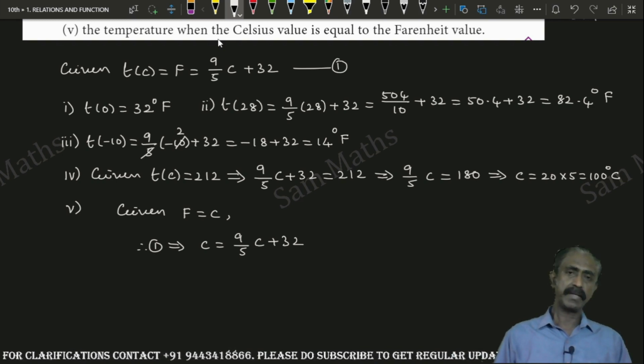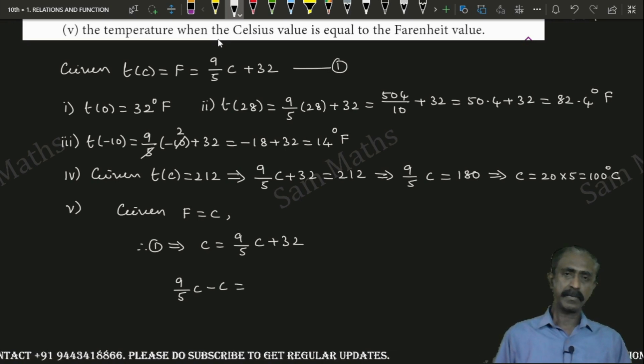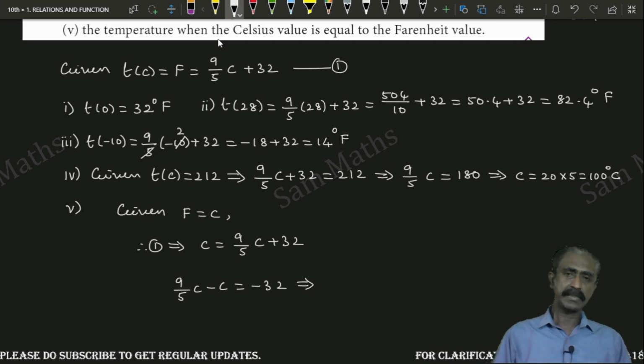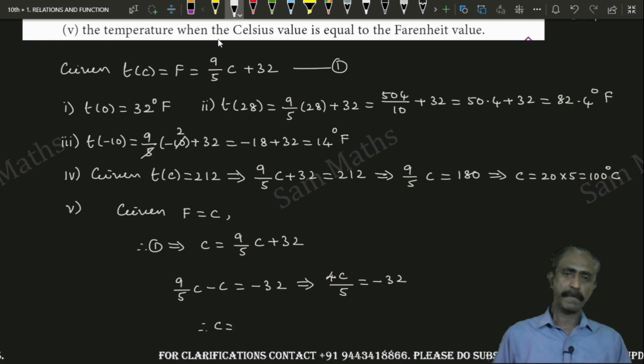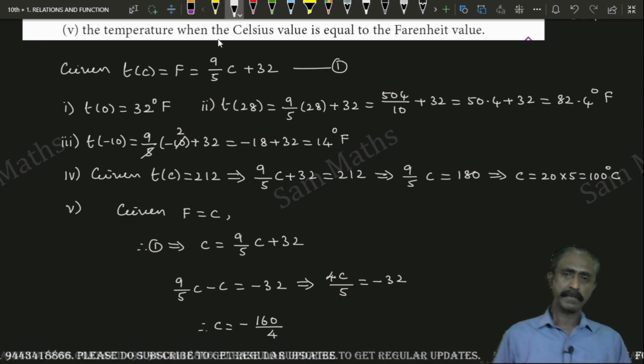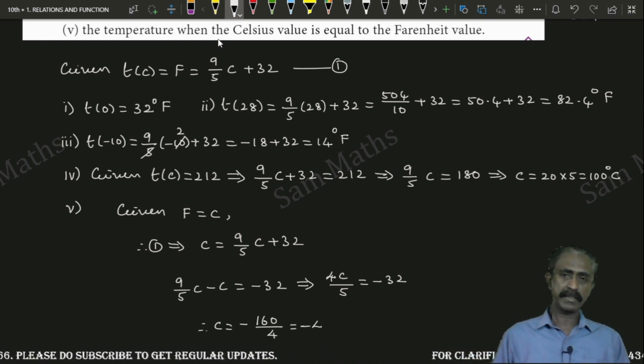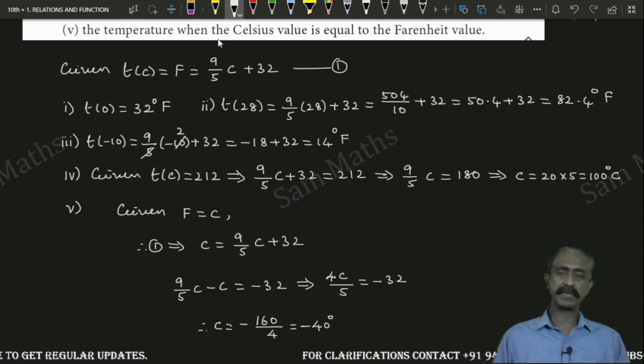This you can simplify. 9 by 5 C minus C equal to minus 32, which implies you take LCM, it becomes 4C by 5 equal to minus 32. Therefore, C is equal to minus 32 fives are 160 divided by 4, which is equal to minus 40 degrees. This is the required answer in the fifth subdivision.